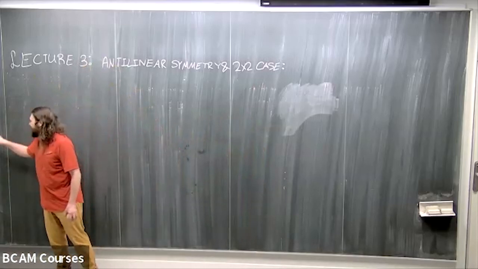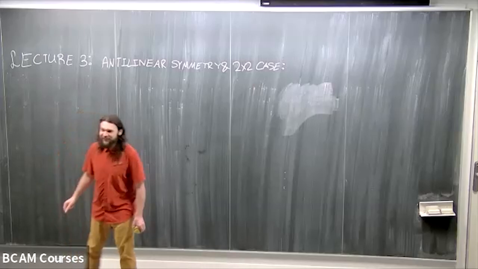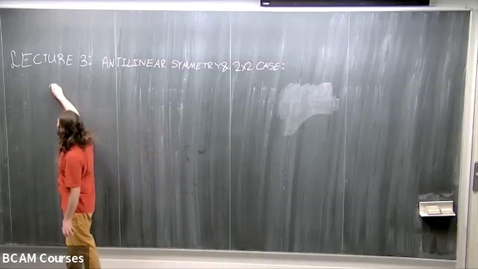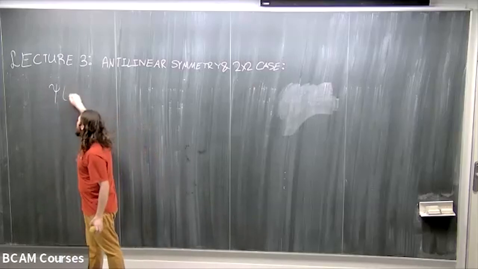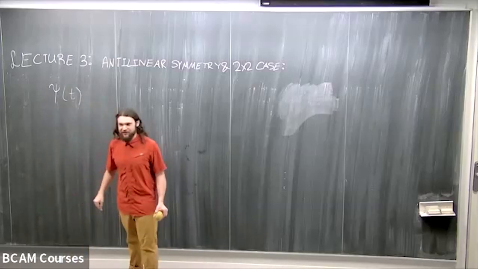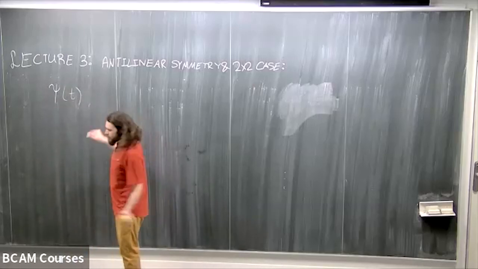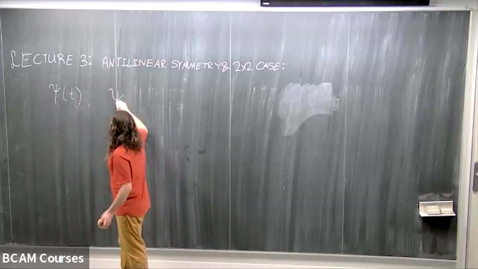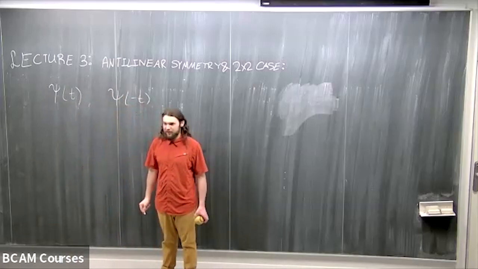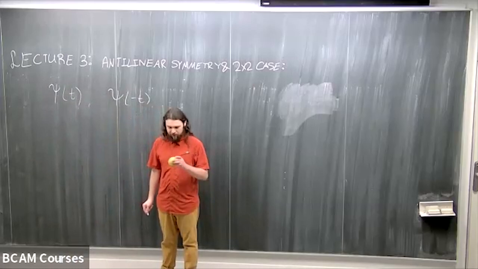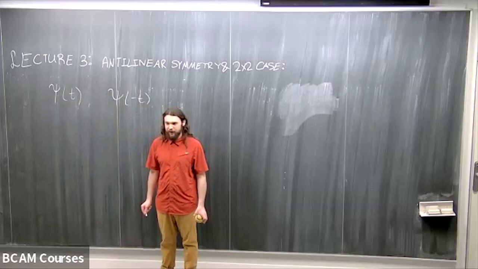Okay. So naively, the way that we would do that is the state of our system, which in this case would be perhaps the position of the ball. Let's say I have psi of t is the state of the system. Then naively, if you run the arrow backwards, you could say that psi of minus t is also a valid state of the system. Now, if we only look at the position of this object, then perhaps this is correct.